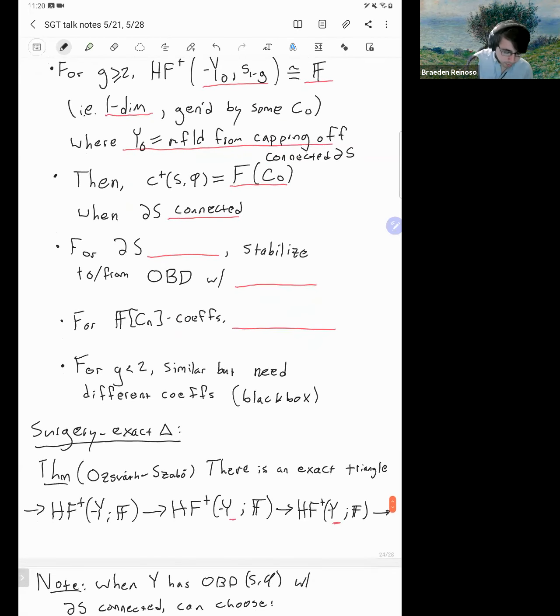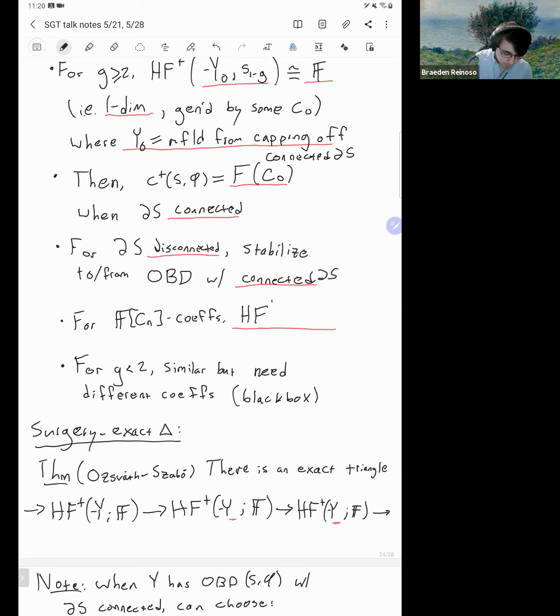And for your binding disconnected, what do you do? Well, you just simply stabilize to an open book with connected binding. Then you can cap off that connected binding to get some surface bundle, and you can see the contact class is the image of that guy. And now for F_CN coefficients, it's similar.